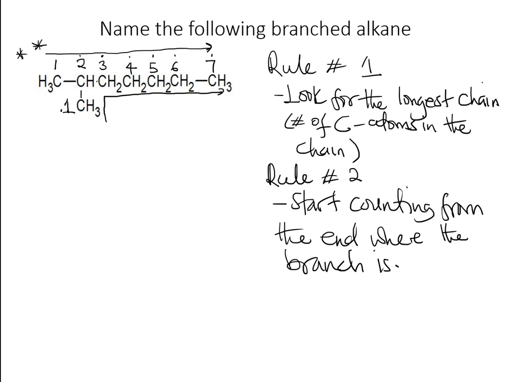Let me call this chain A. This is chain B. Both chains have 7 carbon atoms, so we can use either chain because they are the same length.